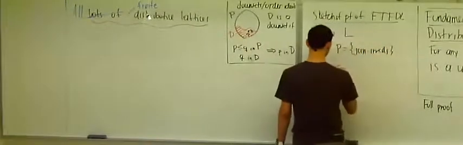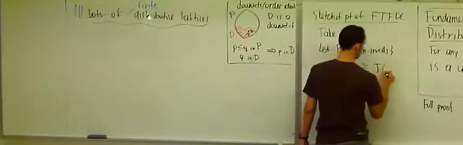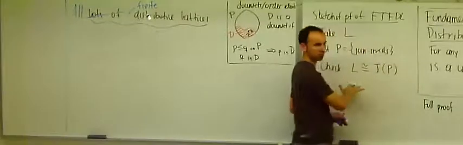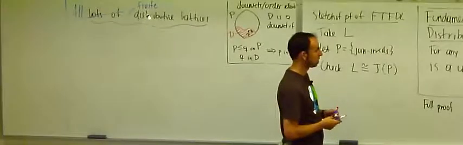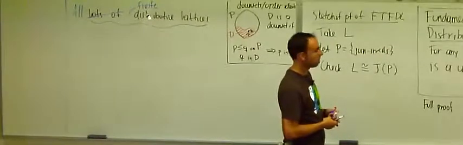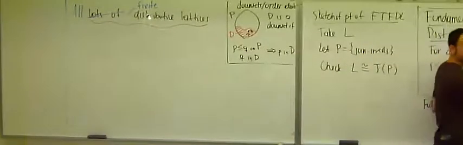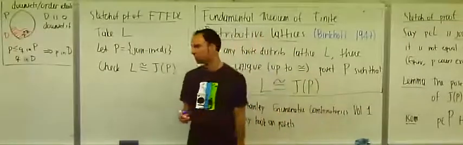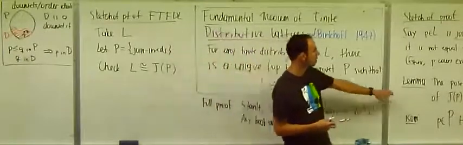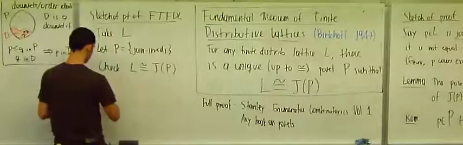You check that there's an isomorphism from L to J of P, and in the notes I wrote down exactly what the isomorphism is. The uniqueness comes from the lemma, because if you had two different posets such that L was J of P and it was also J of Q, then the poset of join irreducibles would have to be P, and it would also have to be Q. So uniqueness is actually straightforward from the lemma.